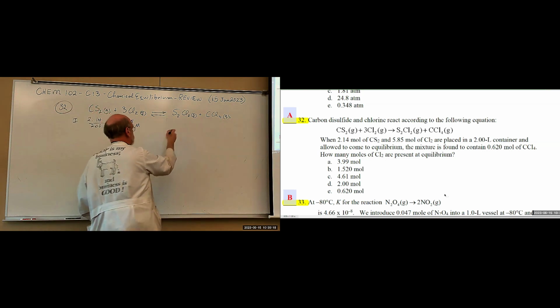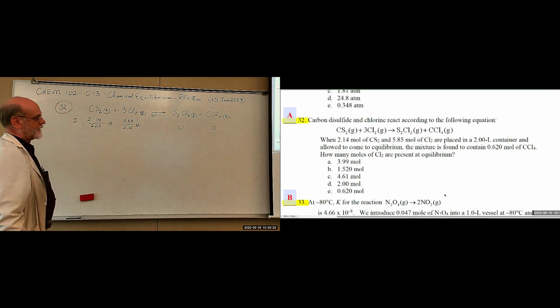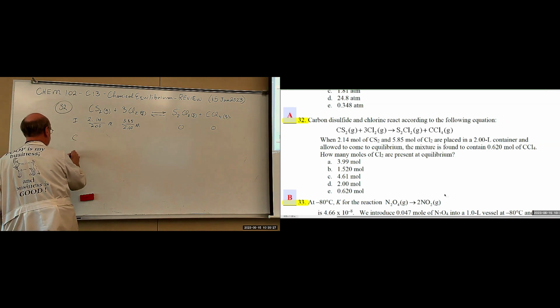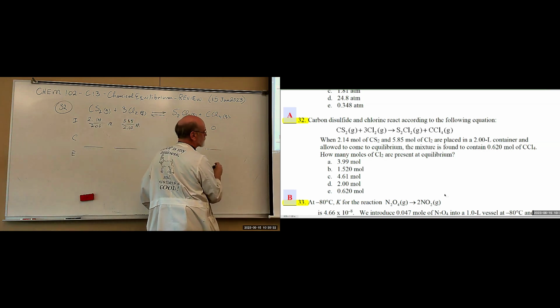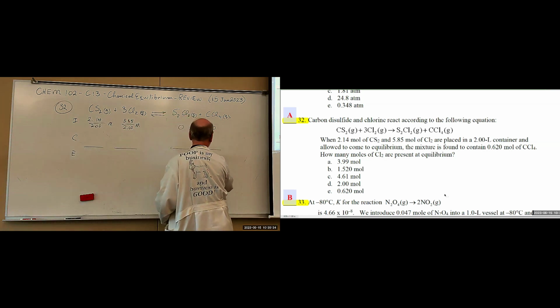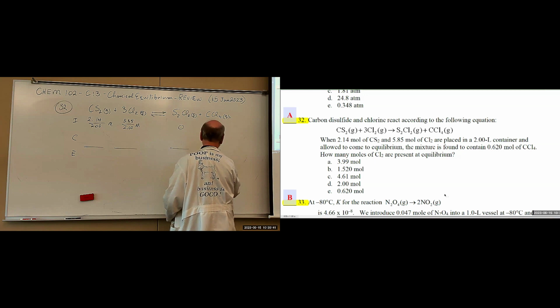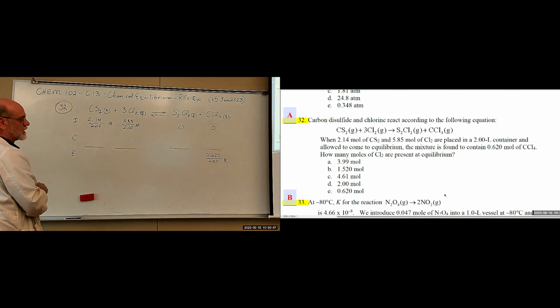Allowed to come to equilibrium, so none of this and none of that. The mixture is found to contain, at equilibrium, 0.620 moles of this compound in that same 2 liters. How many moles of chlorine are present at equilibrium?